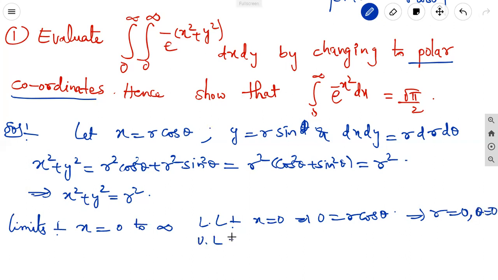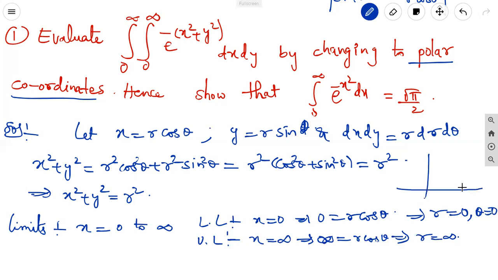And for the upper limit, we take x equal to infinity, so infinity equals r cos theta. When r is equal to infinity, infinity times something is infinity. Why? Because in polar form, x and y are both coordinates, and r is the line, the position vector, from 0 degrees to pi by 2 degrees.